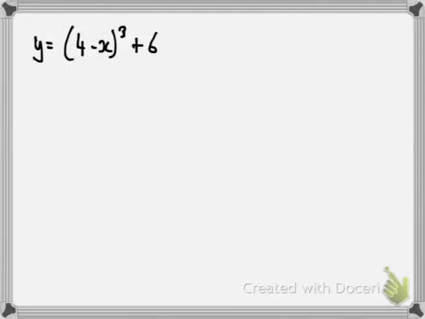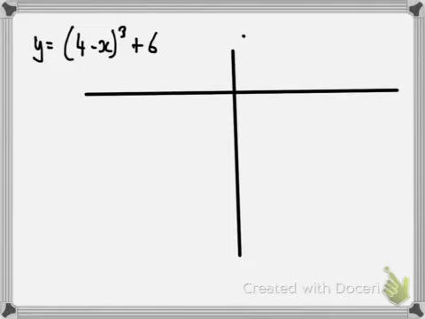Now let's look at the x-intercept and the y-intercept. Okay, just divide the screen in 2 here, and find out the x-intercept on this side and the y-intercept on this side.